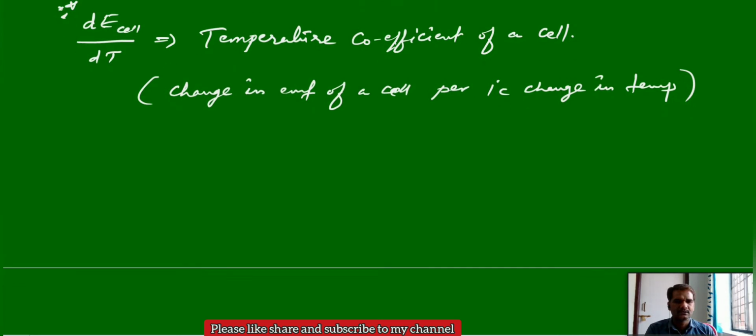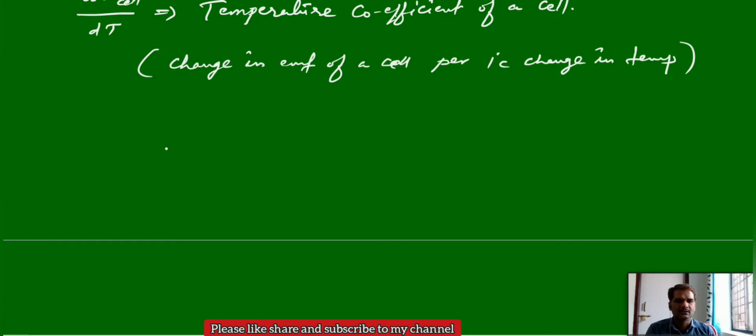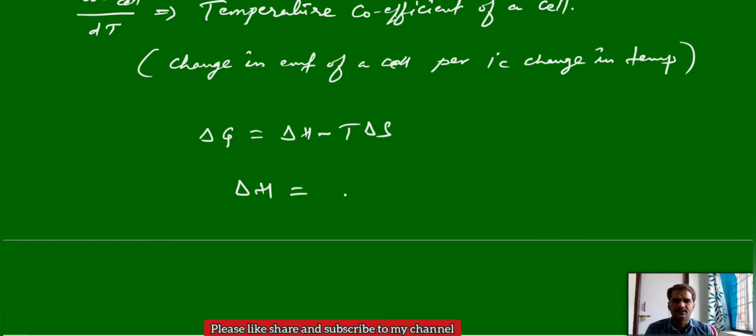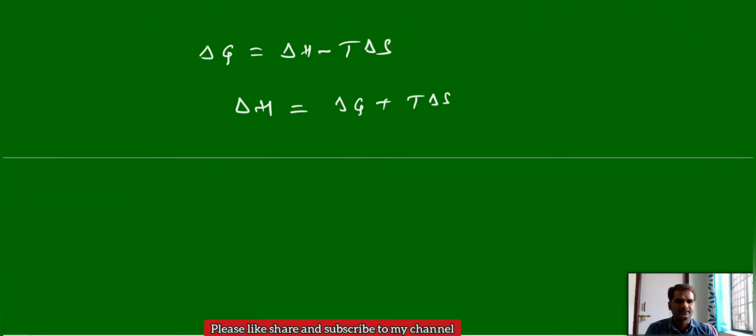Next, now enthalpy. Anyhow, delta G we know, now delta S came, we have to calculate delta H. Again we have the formula delta G is equals to delta H minus T delta S. From this, delta H is equals to delta G plus T delta S. Now the known values delta G and delta S in terms of cell values we can substitute here.